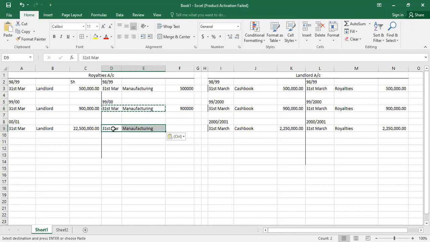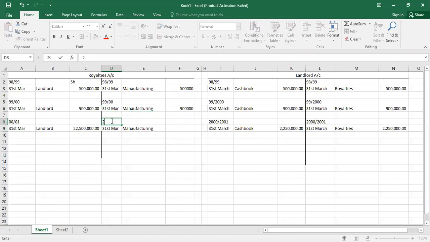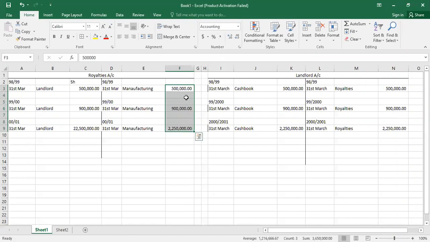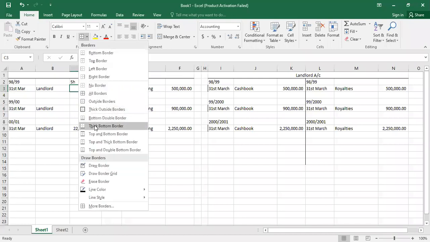So I'll be closing again the books in the year ending 31st March 2001. So this is 2000, 2001. And there we are. So I'm closing these books.